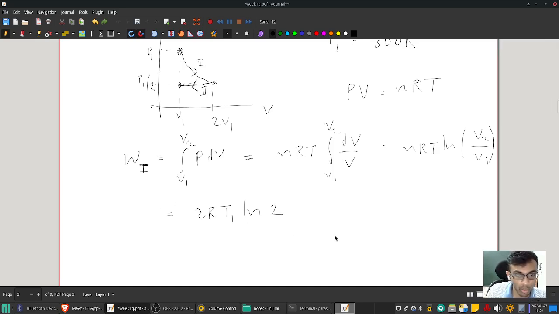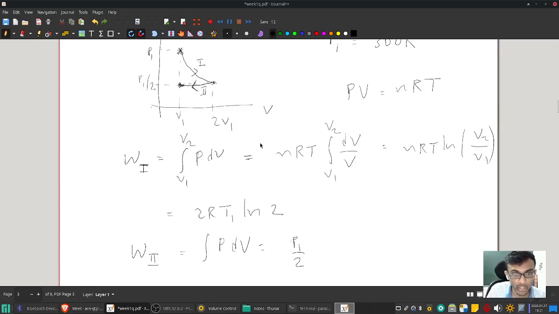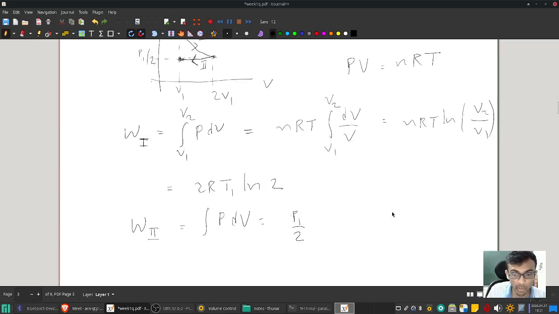And now coming to the second step of the process. This is an isobaric process. So if we do the same thing here, integral PdV, the pressure is a constant in this process. That would be the pressure here, which is P1 by 2. The pressure throughout the second step is half of what we started with.